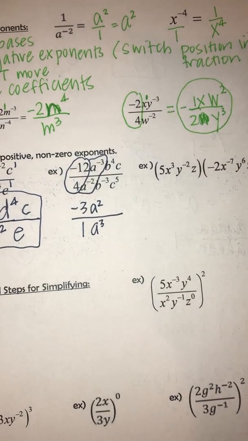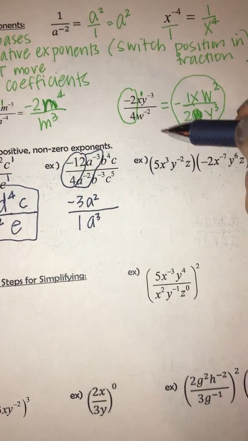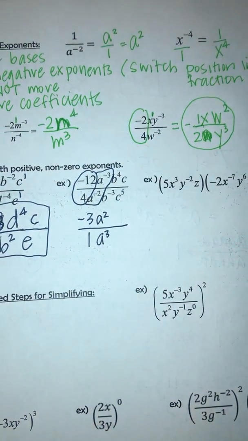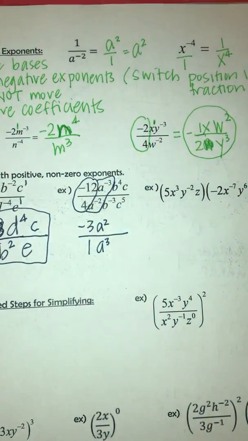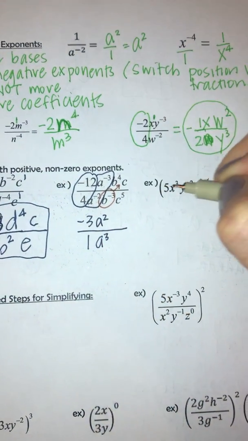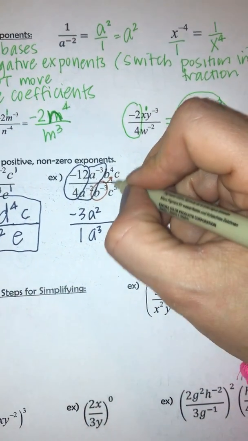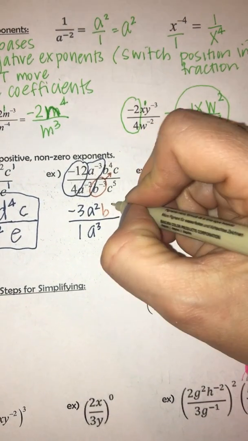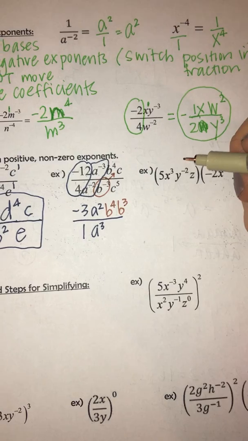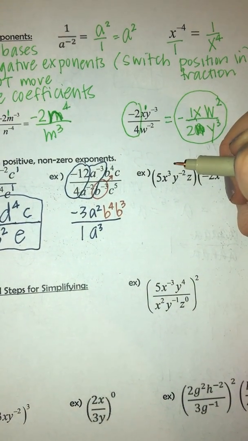You can see that. But then the b's, I might use a different color with the b's here. So this one is negative, so that one's going to move up. But the b to the 4th is positive, so it's going to stay where it is. So this one moved up to the top because it was negative.